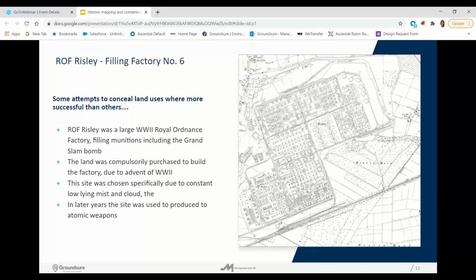However, after World War II, the factory was soon overshadowed when, in January 1946, the Directorate for Atomic Energy Production, under the aegis of the Ministry of Supply, was set up to produce fissile material, and chose Risley to build its headquarters under the control of Sir Christopher Hinton, Baron Hinton of Bankside.